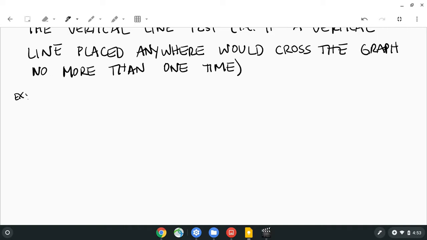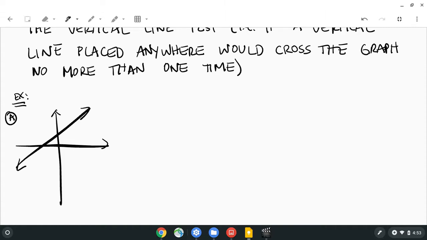Okay, so for example, let's take a look at this one, A. If I have this graph of a line, and I draw a vertical line anywhere, then it would pass through this graph once. So this is a yes. Draw a vertical line anywhere, and it crosses this line once.